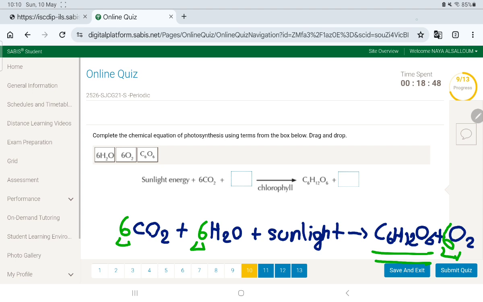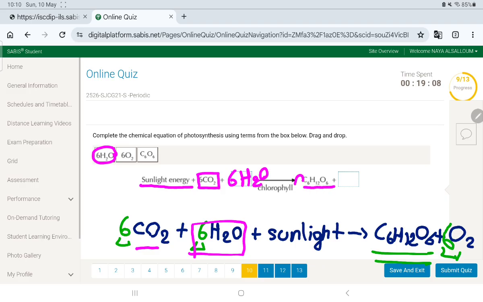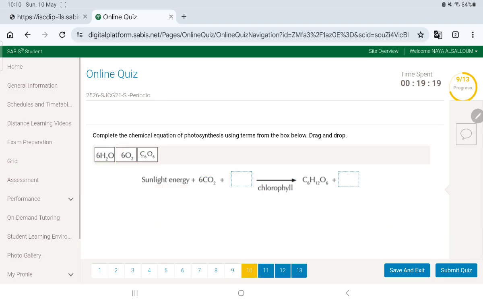So let's just fill in the blanks here. Sunlight energy, already. 6 carbon dioxide plus 6 water, here, 6H2O. We get glucose, you see here how there's no 6, and 6 oxygen gas molecules. That's it. This is the chemical equation of photosynthesis.